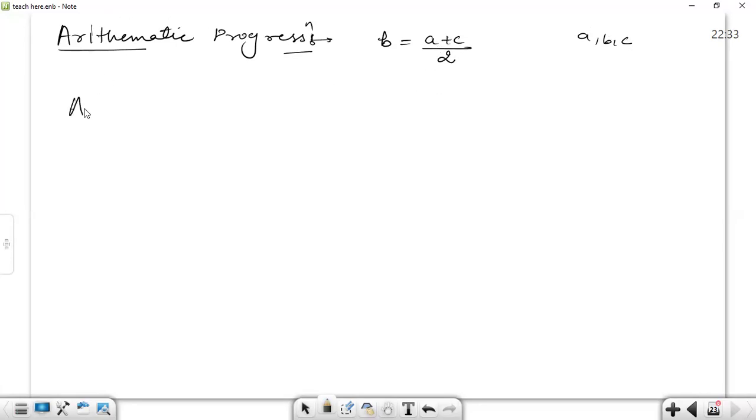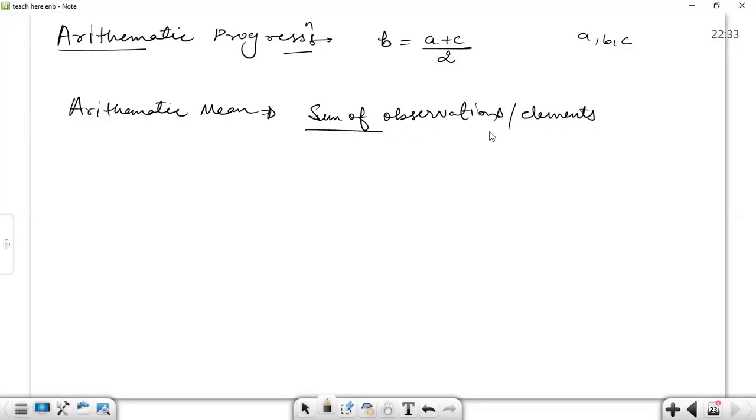So let's talk about arithmetic mean a little. Arithmetic mean is the sum of all observations, or elements, or terms, divided by the number of observations or elements. That is basically arithmetic mean.